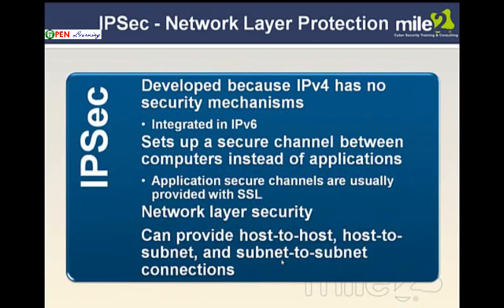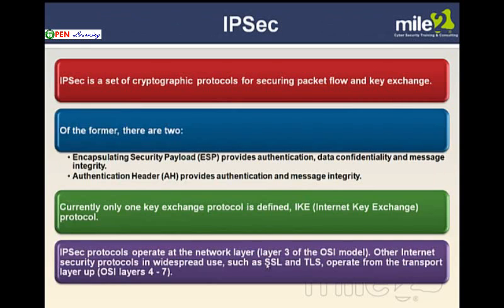And when we think about VPNs, we have something called IPsec. And IPsec is built into IP version 6. And with the IPsec, it can give you a really nice secure connection for a host to a host. That can be a computer to a computer, to a subnet of a particular subnetwork, or a particular subnetwork to another subnetwork. IPsec has two modes.